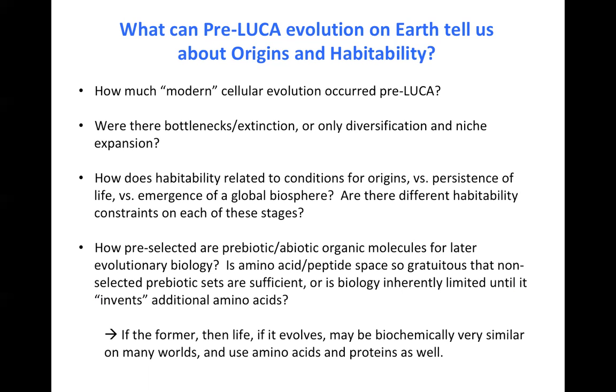And you can even think astrobiologically about these things. How pre-selected are the building blocks of biology given the prebiotic conditions? If they're strongly dependent on prebiotic conditions and these conditions are abundant everywhere, then maybe if life evolves anywhere, it ends up looking biochemically very similar.